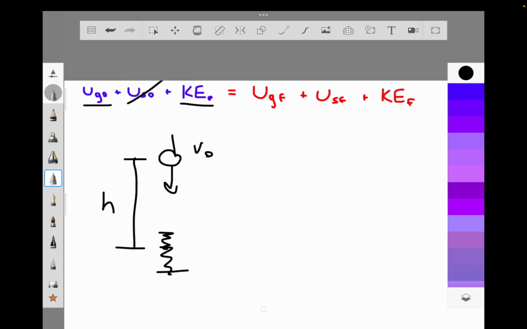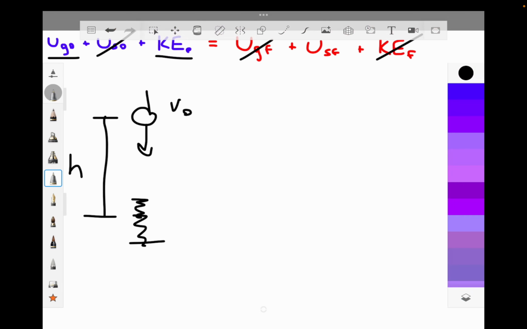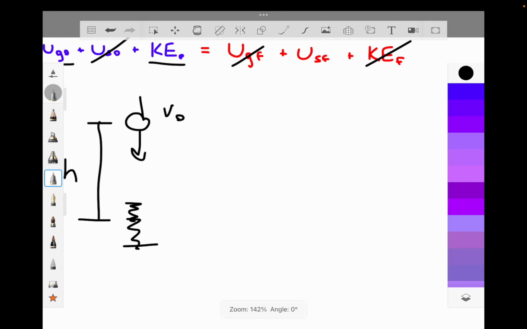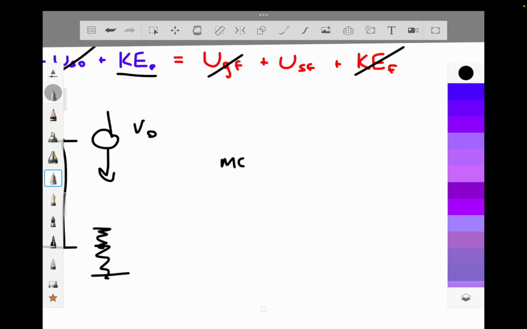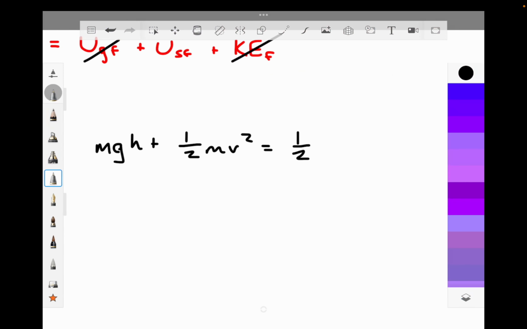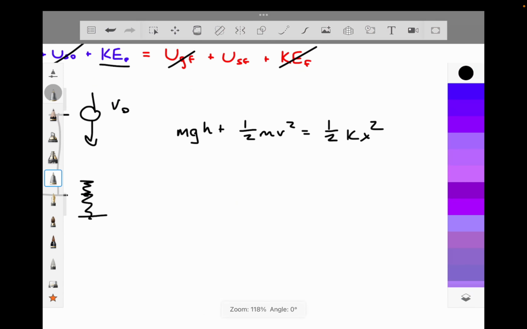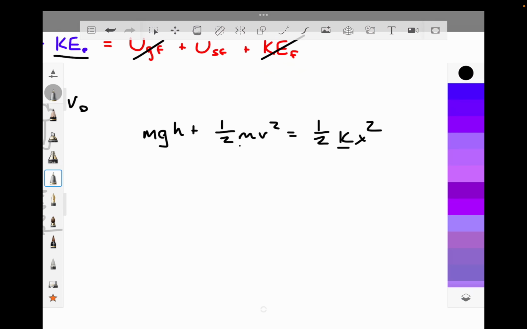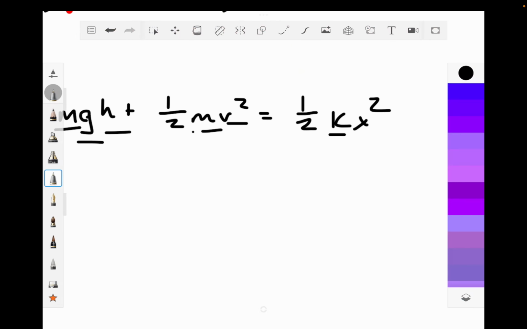All we want is how far the spring compresses, so we ignore these two terms, assuming the ball stops when it fully compresses. Then mgh plus 1/2 mv squared equals 1/2 kx squared. Assuming you know k, m, g, h, and v initial, you can find the compression of the spring.